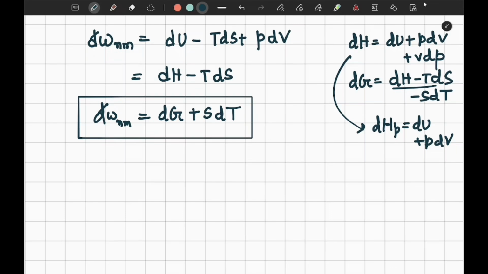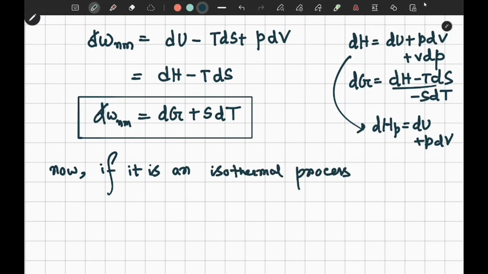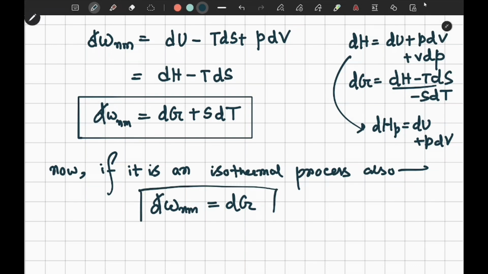Now, if it is an isothermal process as well, also, then d cross W non-mechanical work will be essentially equal to dG. This equation is very important. So we can say it is at constant T and P, constant pressure at constant temperature.